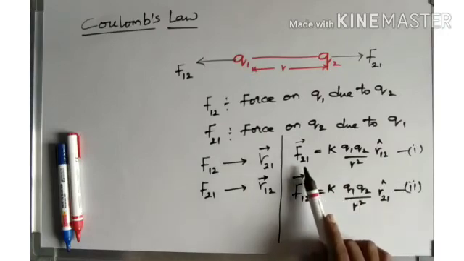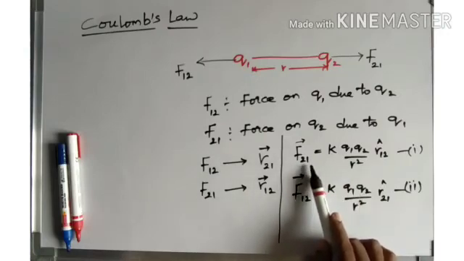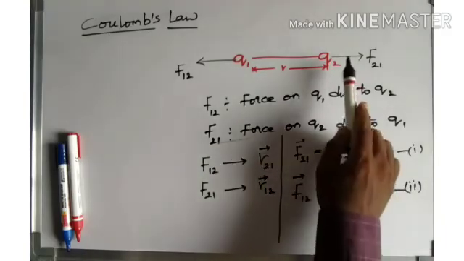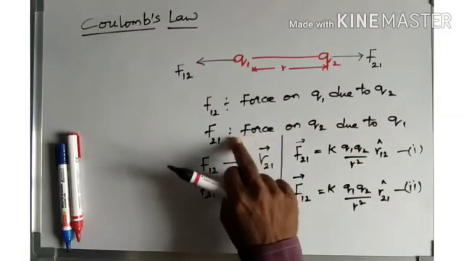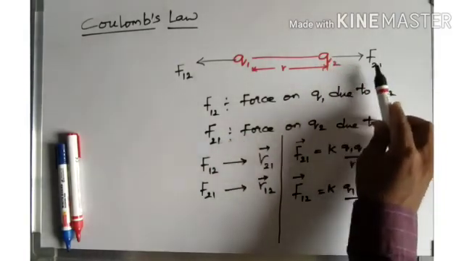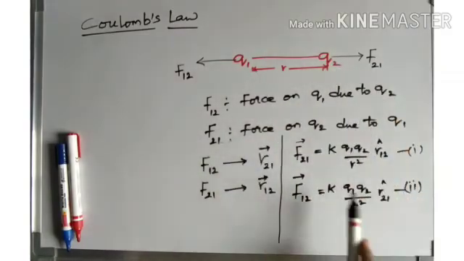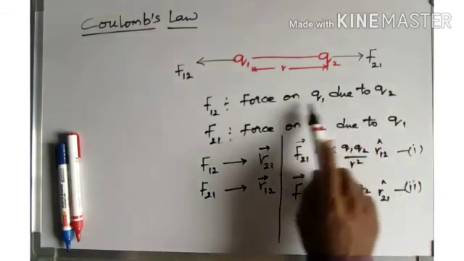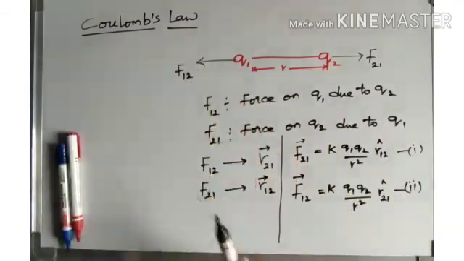If I say F21, what is F21? Force on the second charge due to the first charge, and its direction is like this. F12 is force on the first charge due to the second charge, and its direction is like this.